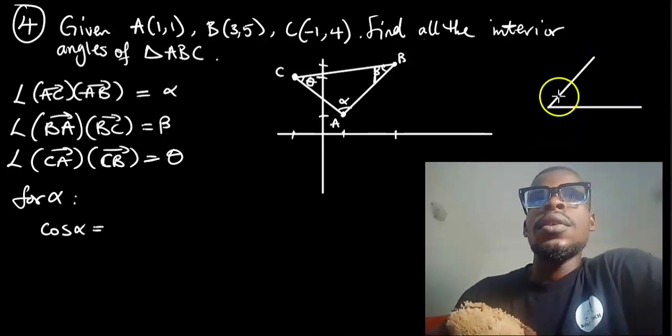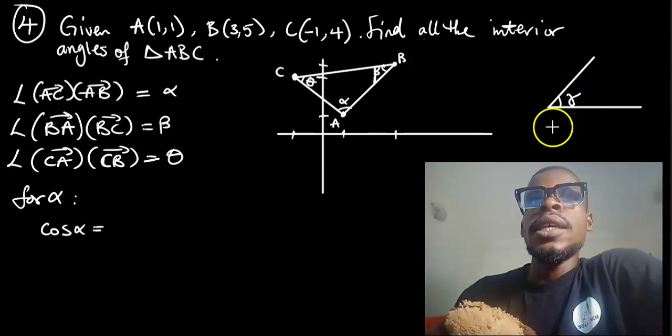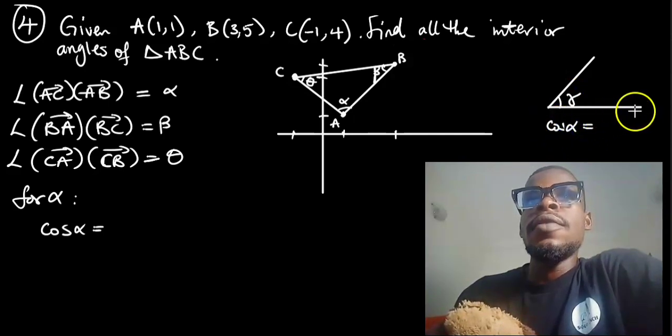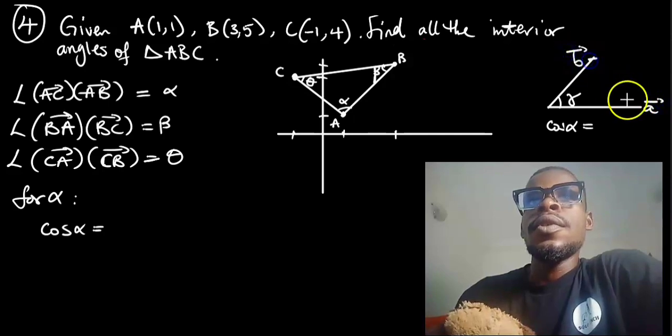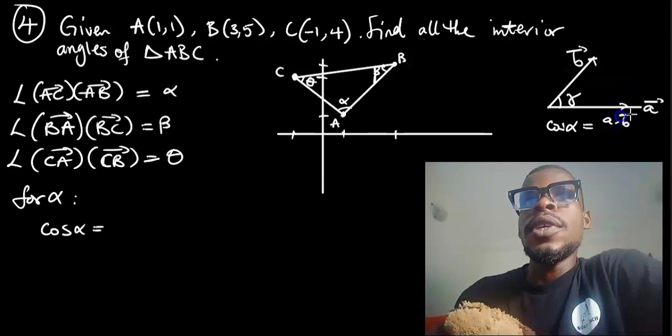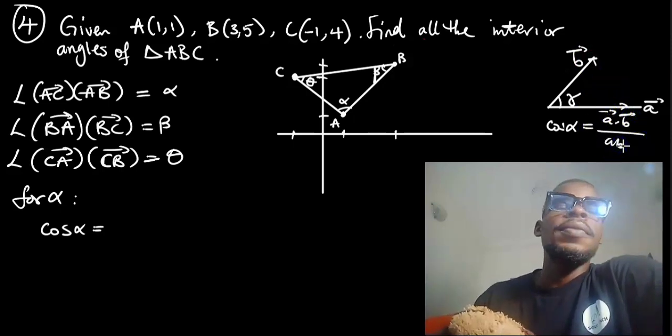I don't want to use theta, so let's call that angle gamma. Then the cosine of gamma is simply A dot B divided by the product of their lengths.